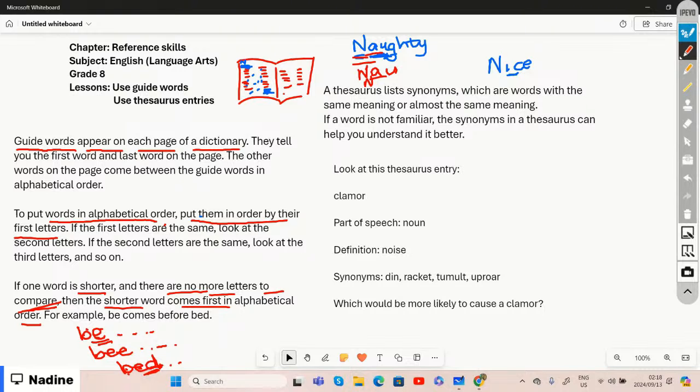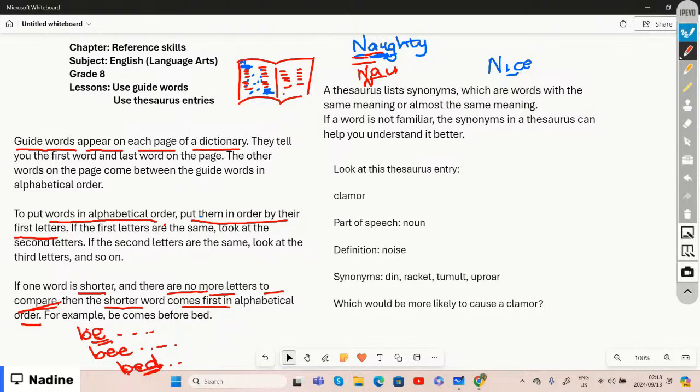And these are what we call guide words. These are the guide words that you'll find in a dictionary or in a thesaurus. They are words that will guide you when you are specifically looking for words in the dictionary.